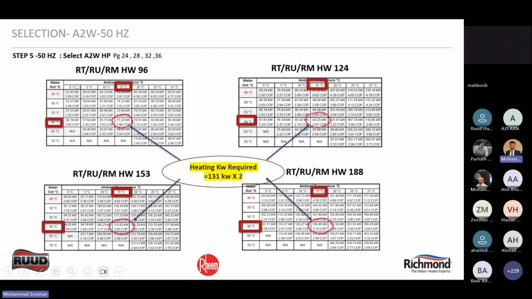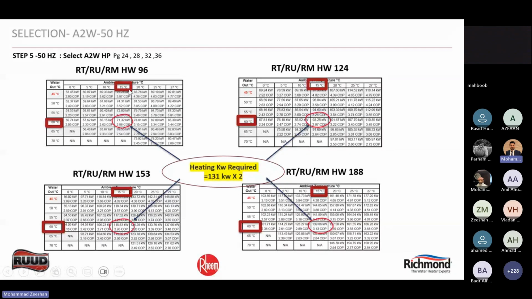On the x-axis, which is the top header, you have ambient temperatures, and on the y-axis, which is this column, you have water out temperatures from the heat pump. For our conditions, which is 15 degrees in and 60 degrees out, I have marked two boxes.